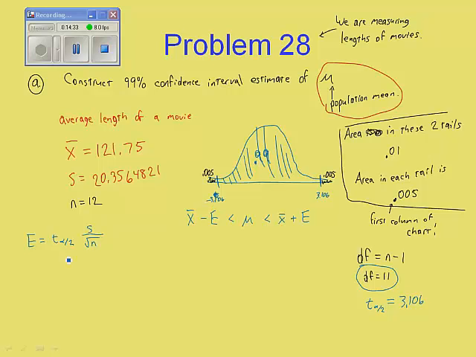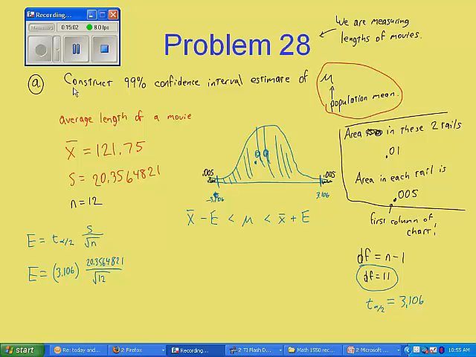Now, try to compute the error. Error equals t alpha over 2, so we type in 3.106, right? Times what? 20.3564821, that crazy thing. Divided by the square root of what? 12. All right, now I'm ready. Calculator out.